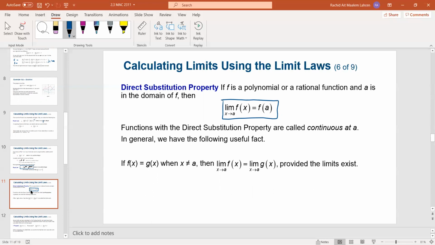So example, limit x approaches 1, x squared plus 5x plus 6. Here is a polynomial, right? Well, it's just going to be the limit, let's just make it simple, a direct substitution, because we can do that.